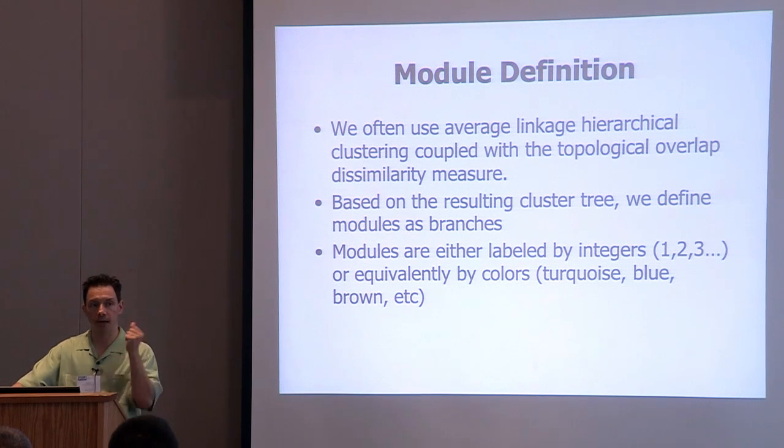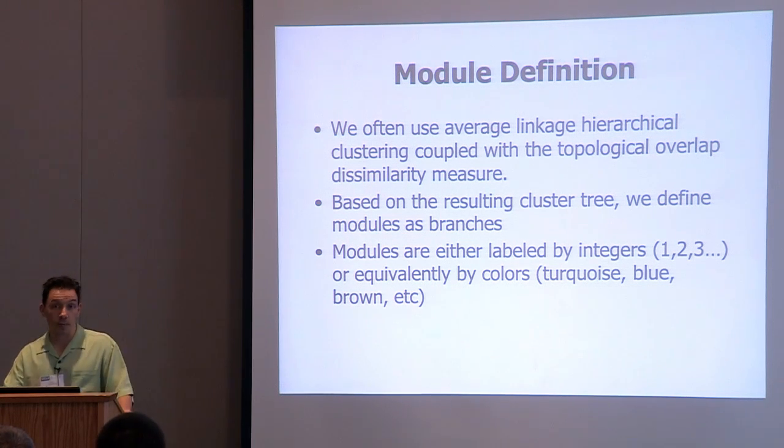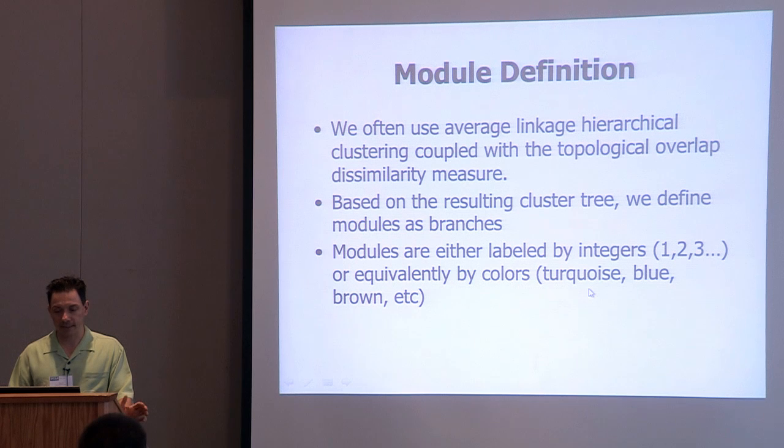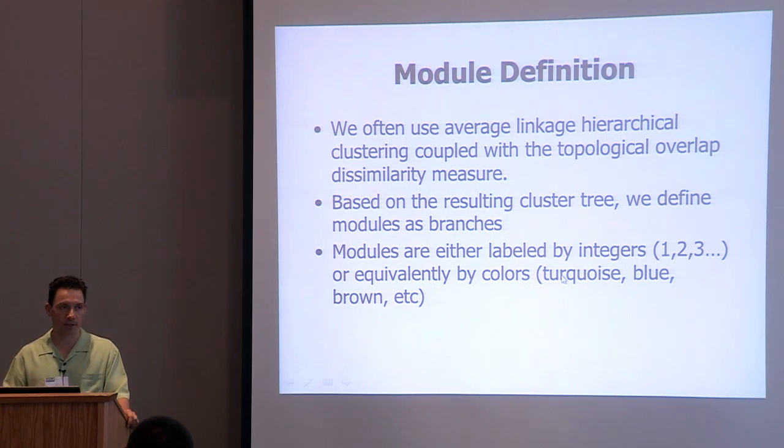Module number 1 is the largest module, module 2 is the second largest. And for the purposes of visualization, we typically assign a color. And so in the past there was this convention, and we still largely follow it. Turquoise is the largest module, blue is the second largest, brown the third largest, and so on.